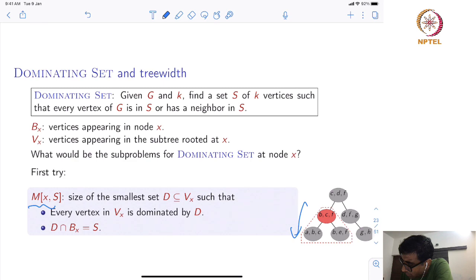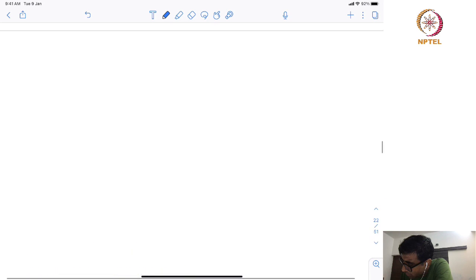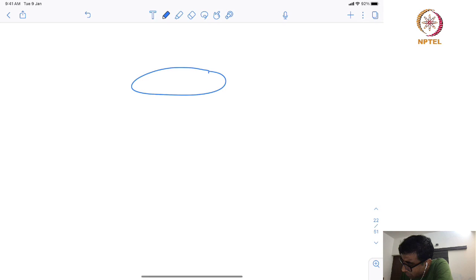So let's see what the problem is with such a try. Notice what happens. As always I have told you, try to do divide and conquer. So if you do divide and conquer, then I have a separator, and I have some vertices here and I have some vertices here.